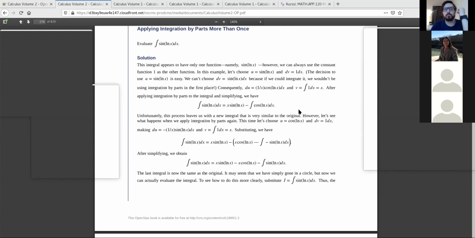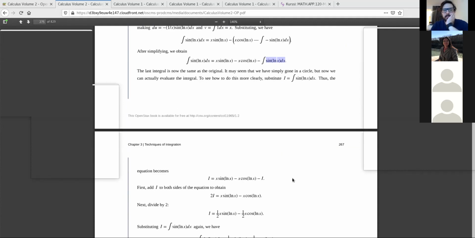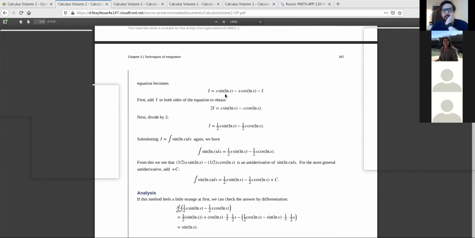There are some situations where you can do integration by parts and recursively come up with a situation where you have the original integral here, and then moving everything to the left. This I is that sinus, and then I is the integral to I, and then you can figure out that the integral is in fact that. That's actually a neat thing that happens.